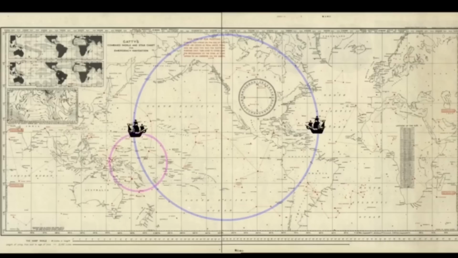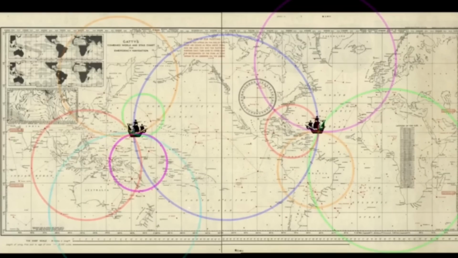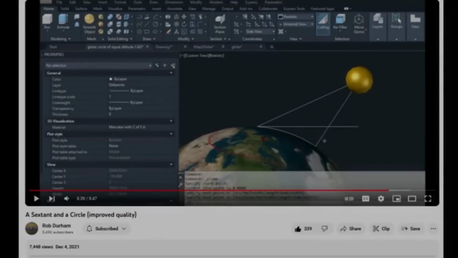But by doing this multiple times to create multiple areas of equal altitude, we can literally measure our entire world as flat. Just so you understand the enormity of this proof, we can literally measure our entire world as flat. We are living on a flat Earth.